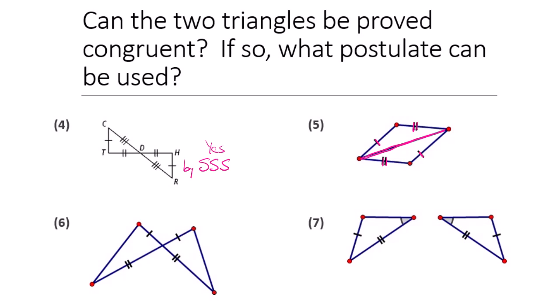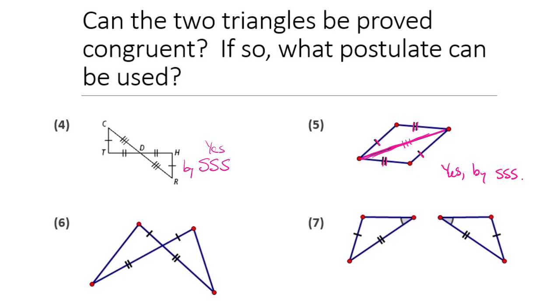So if they share a side or an angle, we can say that, oh, well, that side or angle is congruent to itself, right? And so in this case, this line is congruent to itself, and so that gives us side, side, side, congruent with side, side, side. All right, so we can say yes by SSS.